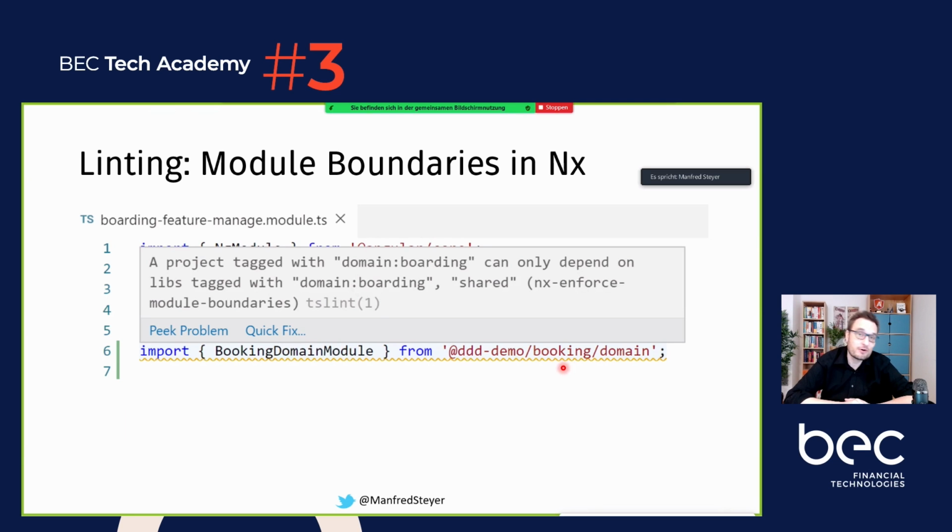We get those errors or those warnings, it depends on your configuration, during typing, but we can also get them on the command line. And so we can automate these checks. We can perform those checks before someone merges his or her source code into our main branch. And this makes sure that everyone needs to align with our architecture.